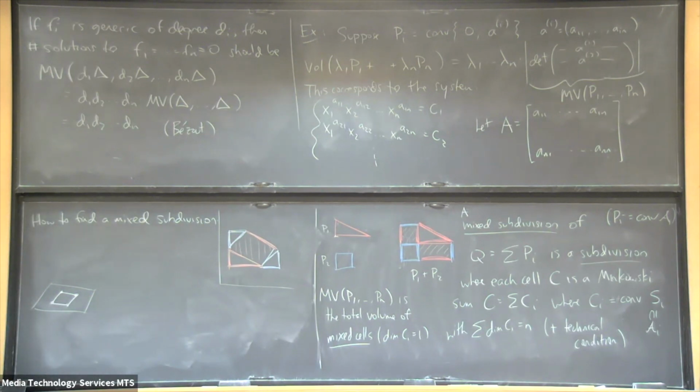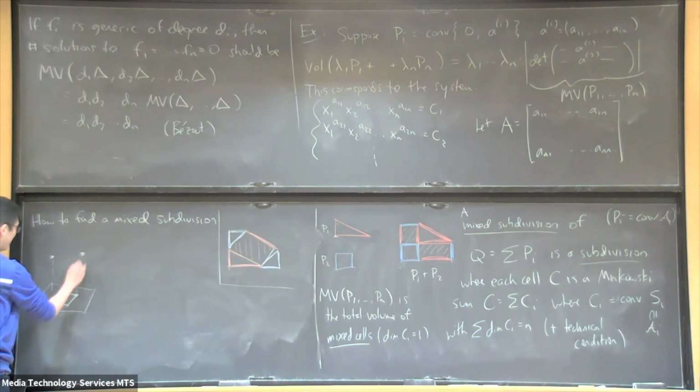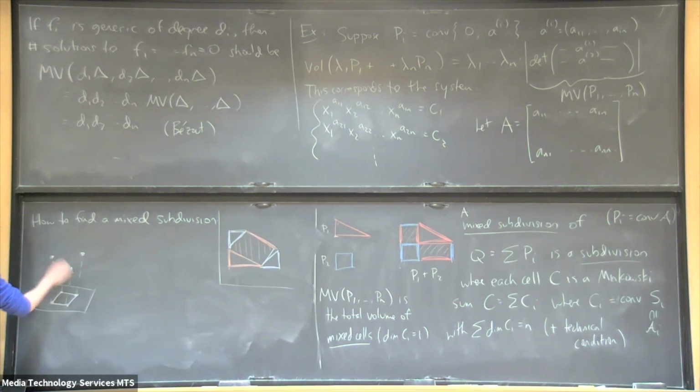One way I can do this is I can lift each of the points, each of the vertices, or in general each of the points in A_i, up to a different height. So maybe I'll lift this guy up to some height like this, and this guy up to some height like this. Maybe this guy I'll lift to a lower height like this. And then take the convex hull of the points upstairs.